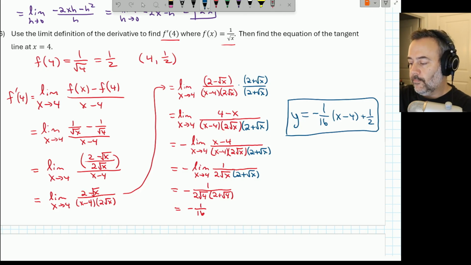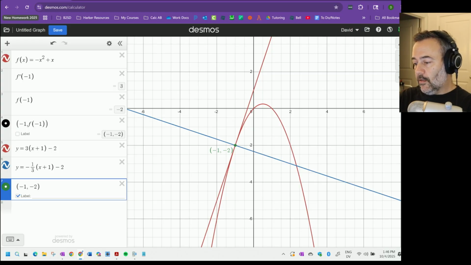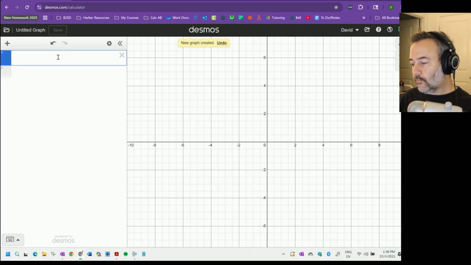I think I still have my other graph in here, so let's just do a new graph. Our function was f of x equals 1 over square root of x.